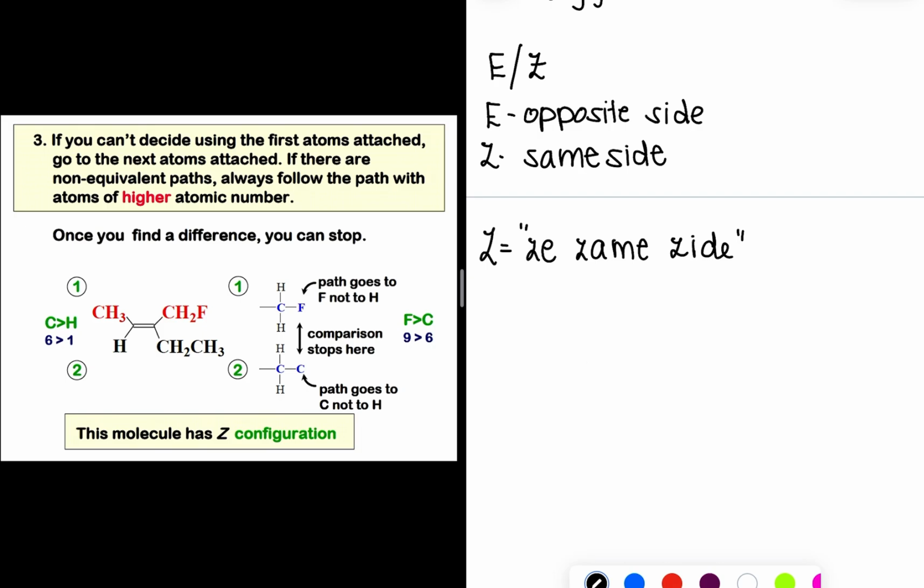Now, we have to think about if we have something. Let's say this one, and, all right.